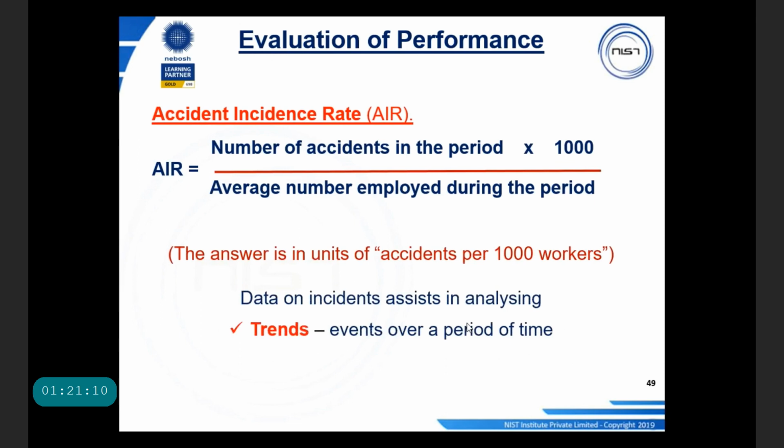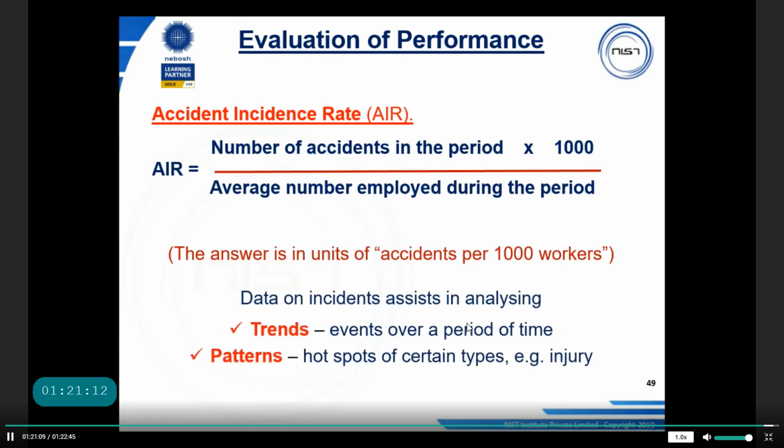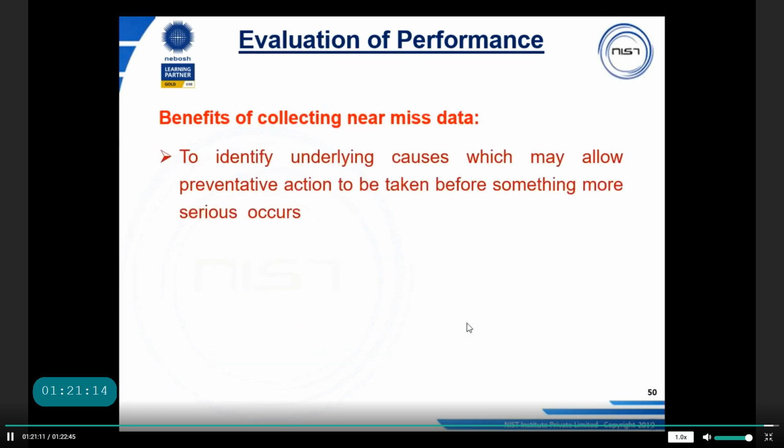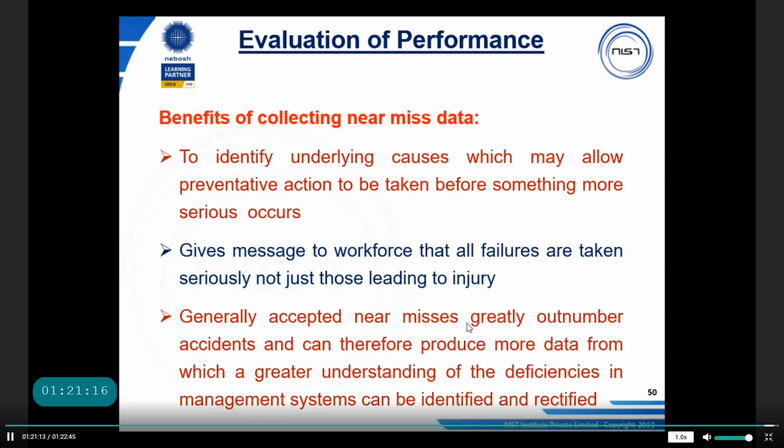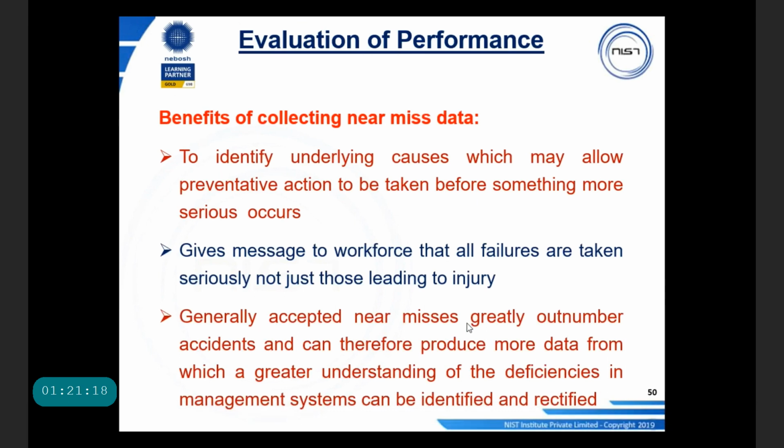Okay. Data on incidents assist in analyzing trends and patterns. Yeah, we know that. Benefits of collecting near-miss data. Is there any use in collecting near-miss data? What is the main or the obvious use of collecting near-miss data?